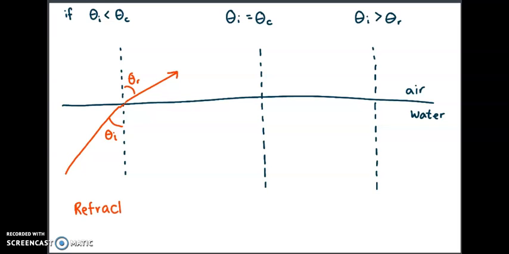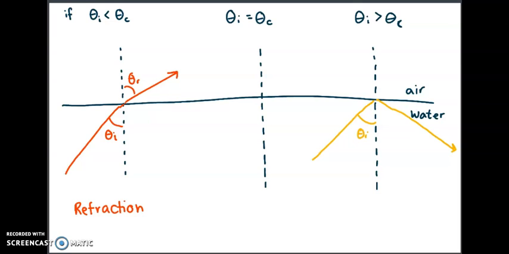Okay, so let's look at the extreme case. What if theta I is bigger than theta C? If I put it at too big of an angle, like with this yellow light over here, the light bends away from the normal line so much that it bends back into the original material and becomes trapped, creating total internal reflection.